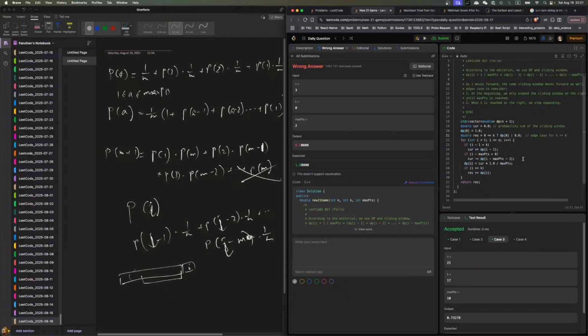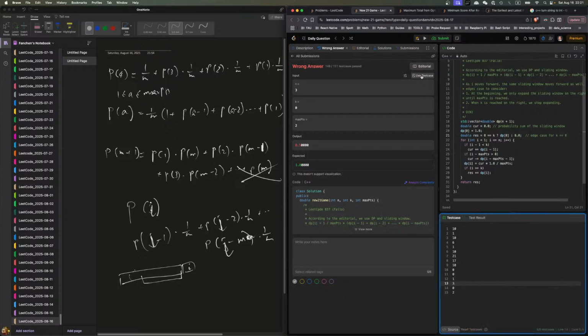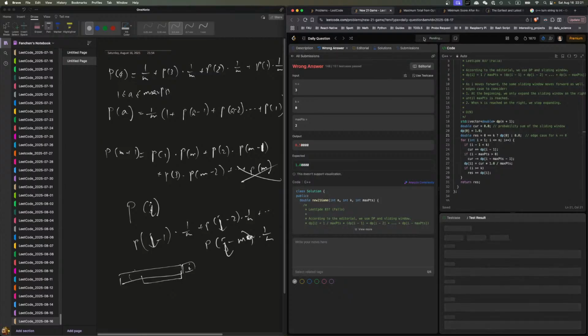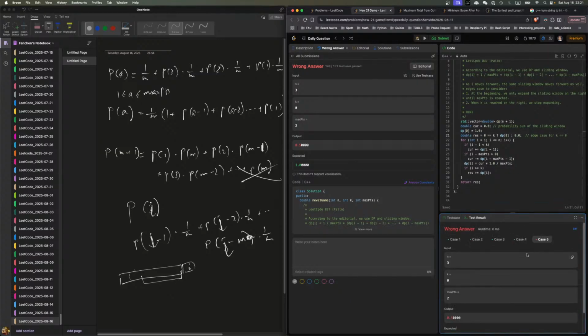How? It's plus equal to. How did it become 0.5?